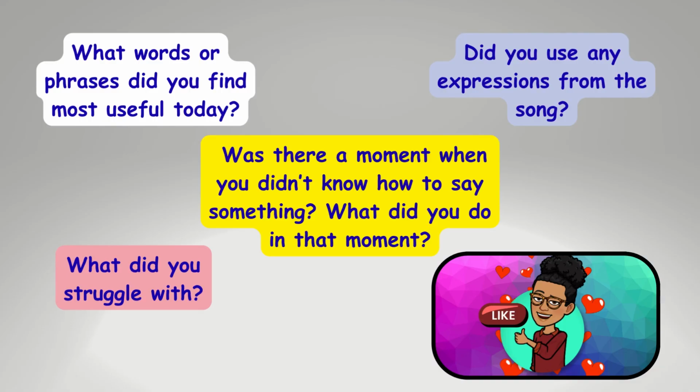What did you do in that moment? Did you use any expressions from the song? Take 2 or 3 whole class responses. Keep this brisk since it's reflective, not evaluative. You're helping students become aware of their own communication strategies, which is one of the most transferable skills you can build.